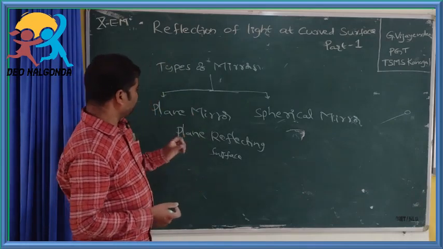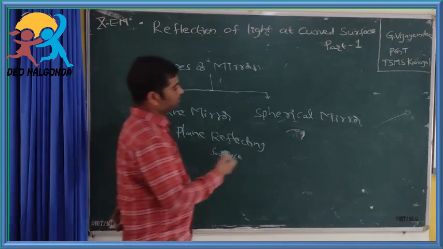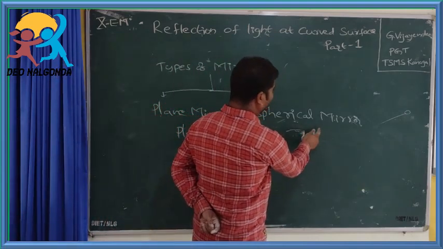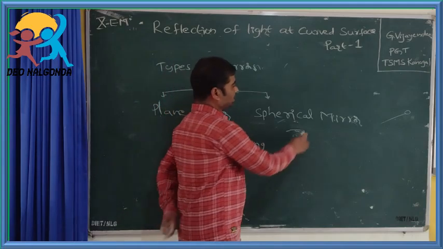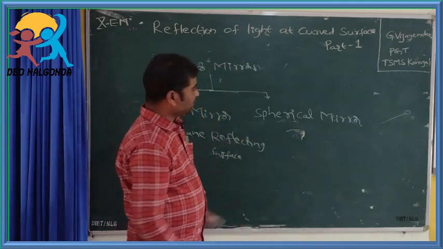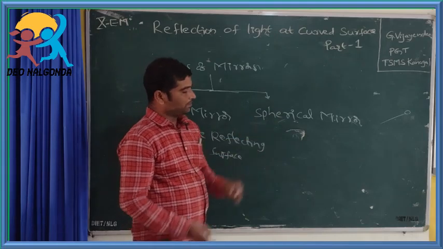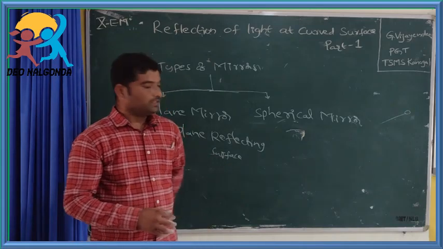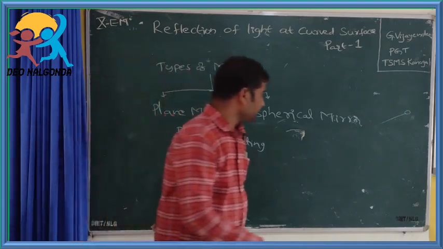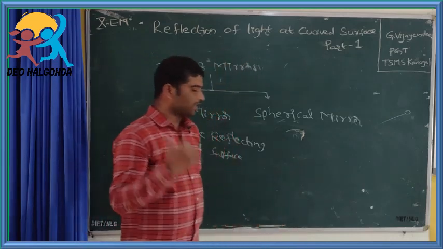The daily usage mirror is a plane mirror. Next, spherical mirror. The mirror whose reflecting surface is spherical is called a spherical mirror. For example, the mirror in vehicles which is used to see the backside objects.